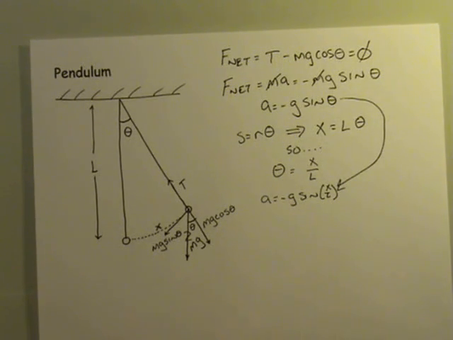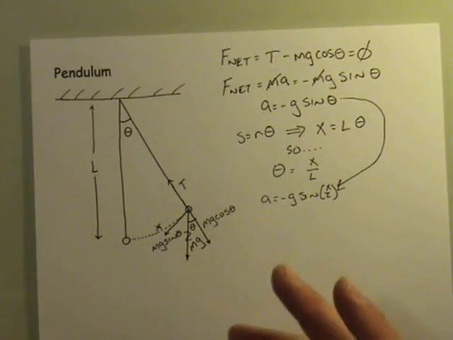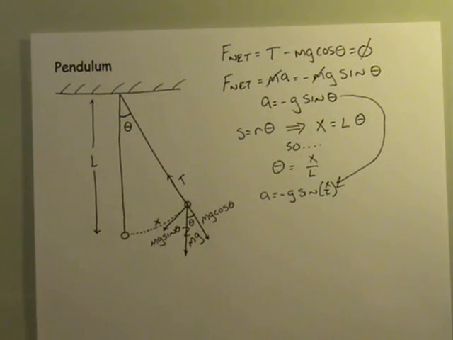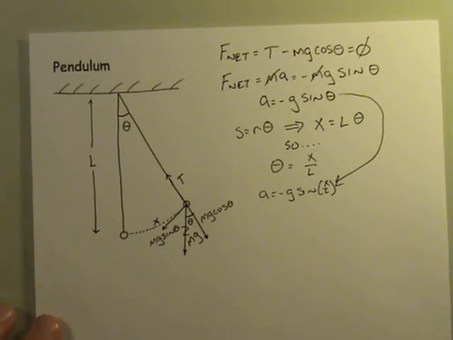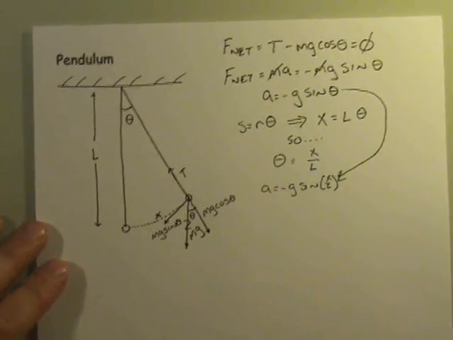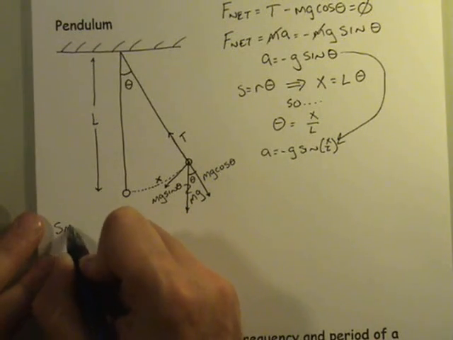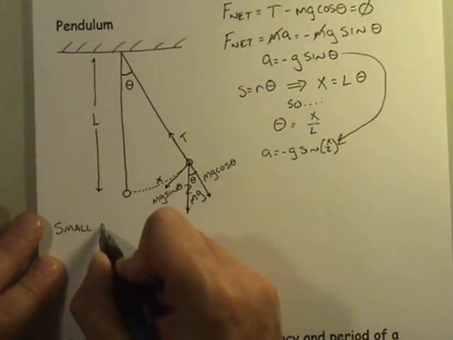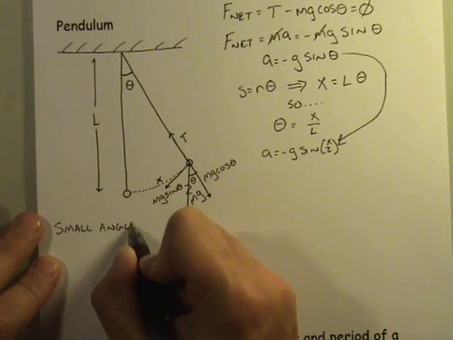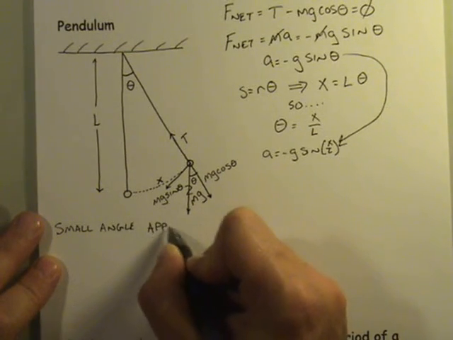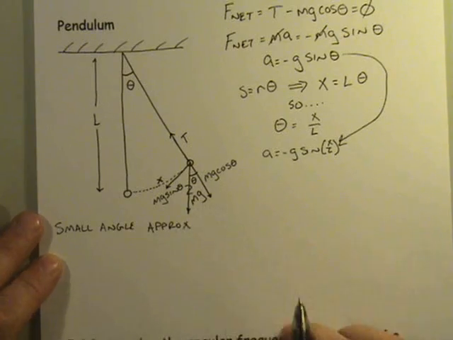But I've seen small angle approximations allowed to go up as big as 10 or even 15 degrees and still be considered a small angle approximation. So I'm going to use this lower portion down here to discuss the small angle approximation.